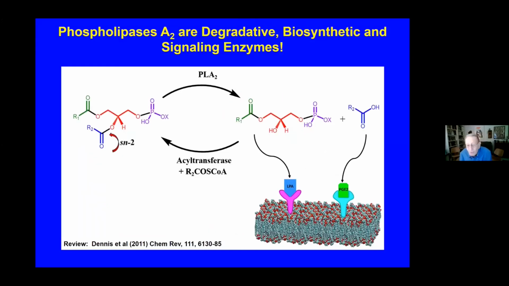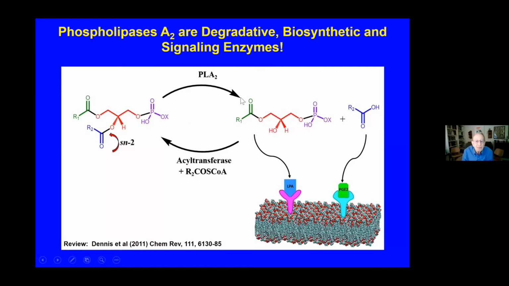So with that, I want to turn to my final topic, which is an introduction of phospholipases and some specific illustration of the power of stereochemistry and structure of proteins detecting fatty acids.